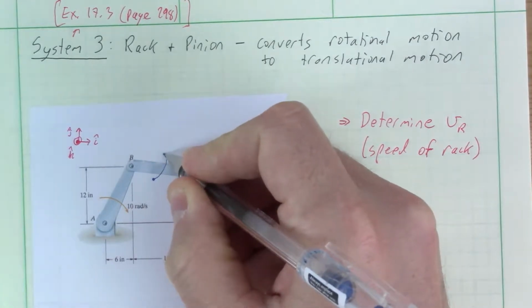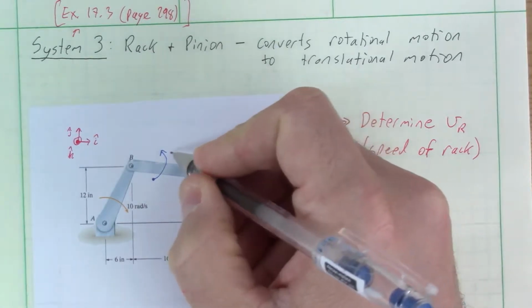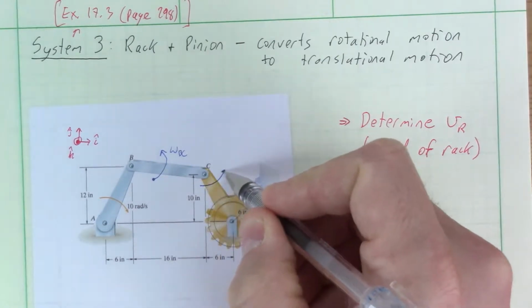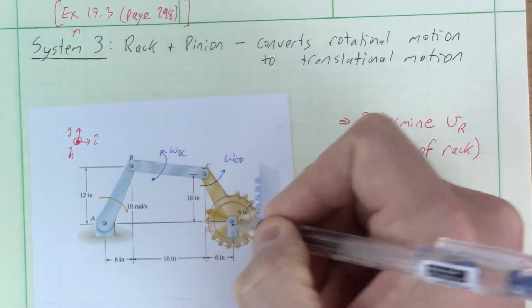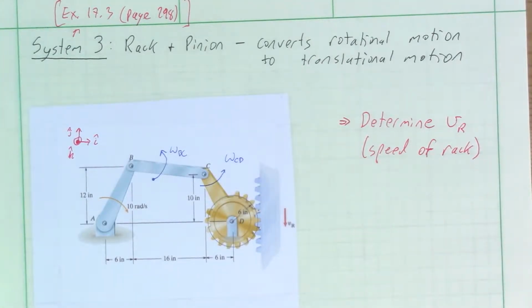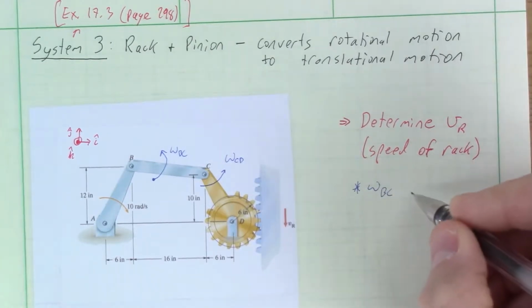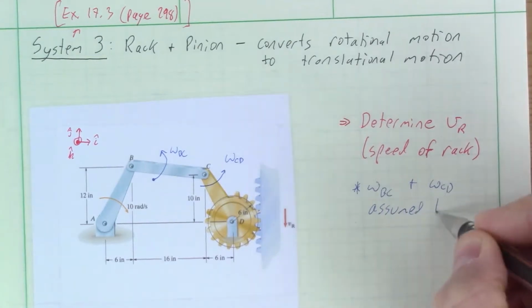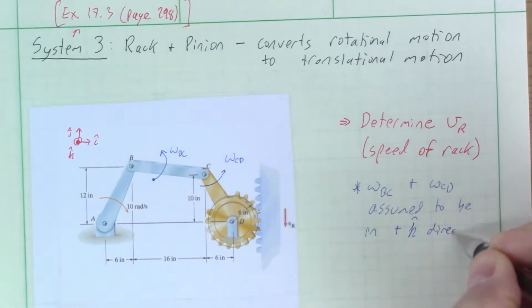So that will be the assumed direction for omega BC, and then this is the assumed direction for omega, we'll call this omega CD since it connects pin C to pin D there. And right, okay, great. Let's just make a note of it so we have it in our work. Omega BC and omega CD assumed to be in positive k hat direction.